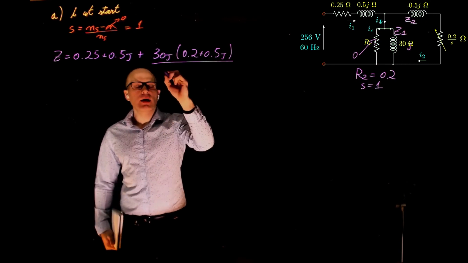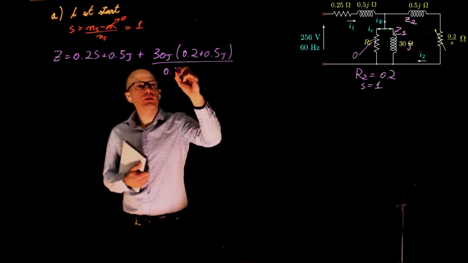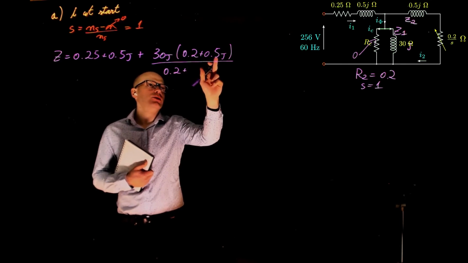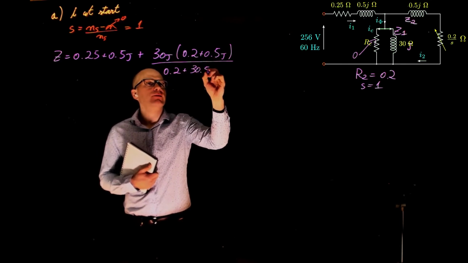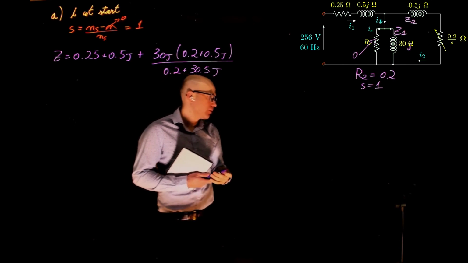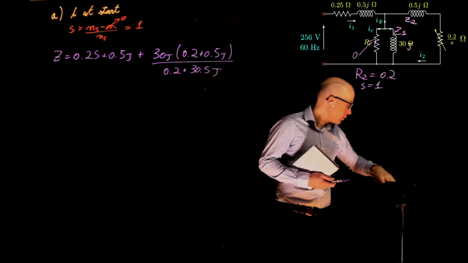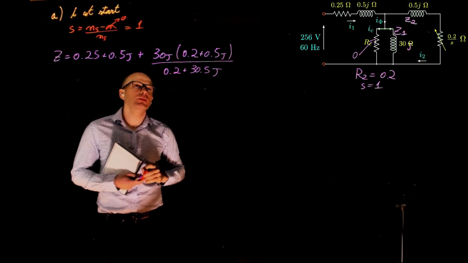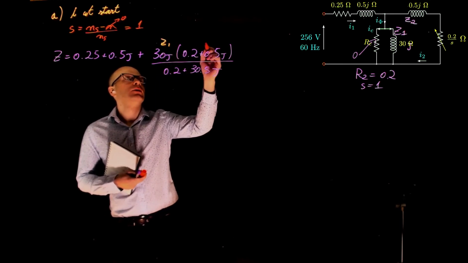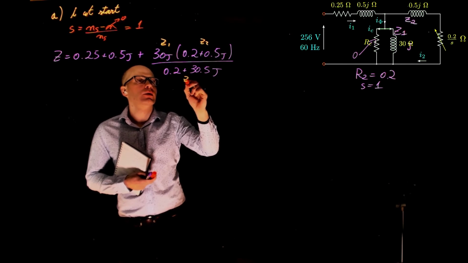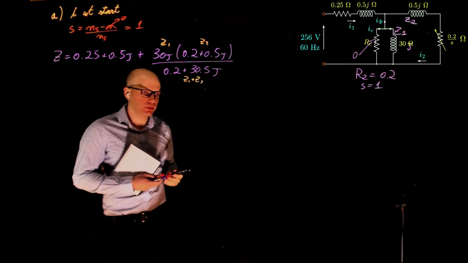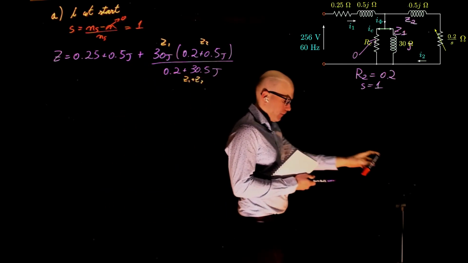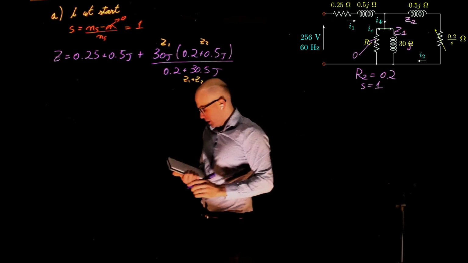And the sum of them now becomes 0.2 plus 30 plus 0.5, which is 30.5j. Again, Z1 times Z2 over Z1 plus Z2.